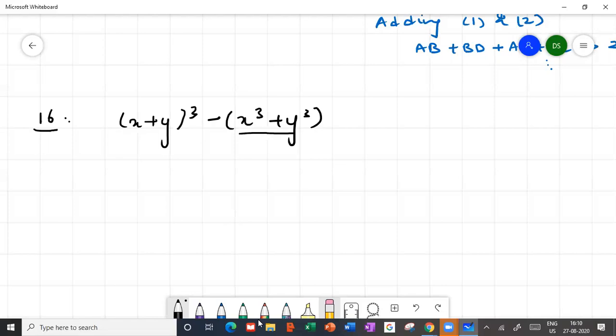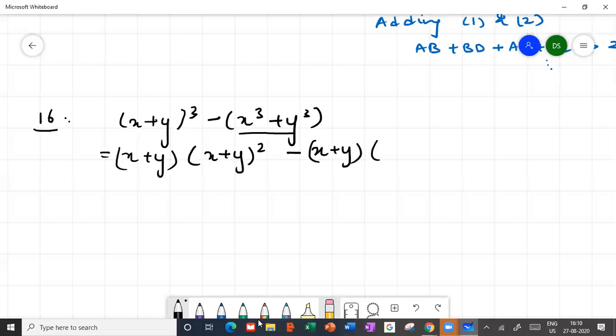Okay, so tell me, what is the expansion of the first bracket, (x plus y) whole cube? What is it? (x plus y) in a bracket, multiplied by (x plus y) whole square. Okay, minus, and the identity for this is (x plus y) multiplied by (x square minus xy plus y square).